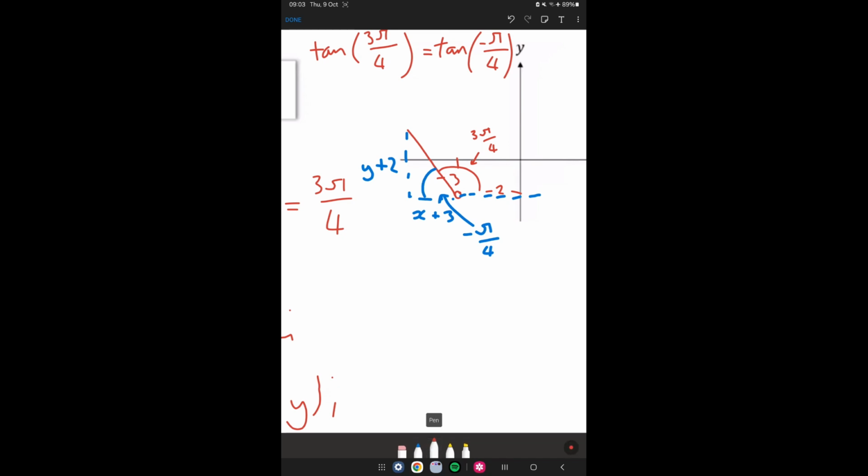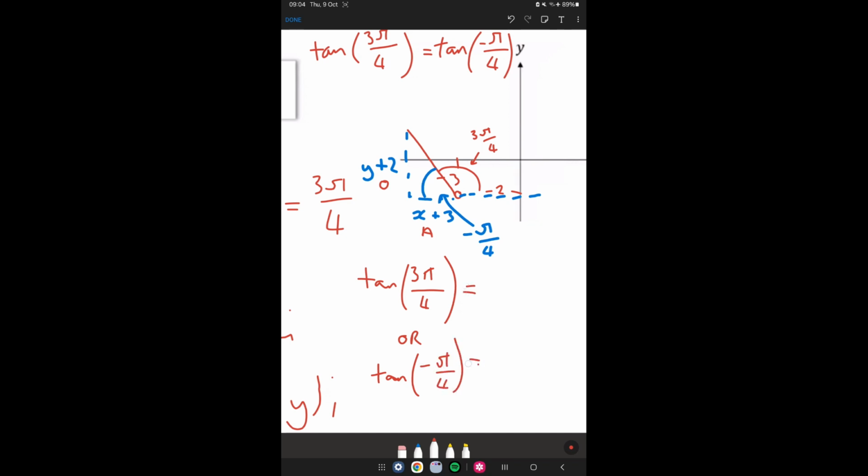So let's just do what we did before with our triangle. We have the opposite and the adjacent here. We can say now that the angle is either tan 3 pi over 4, or if you like to think of it with the triangle, you can do tan of minus pi over 4.